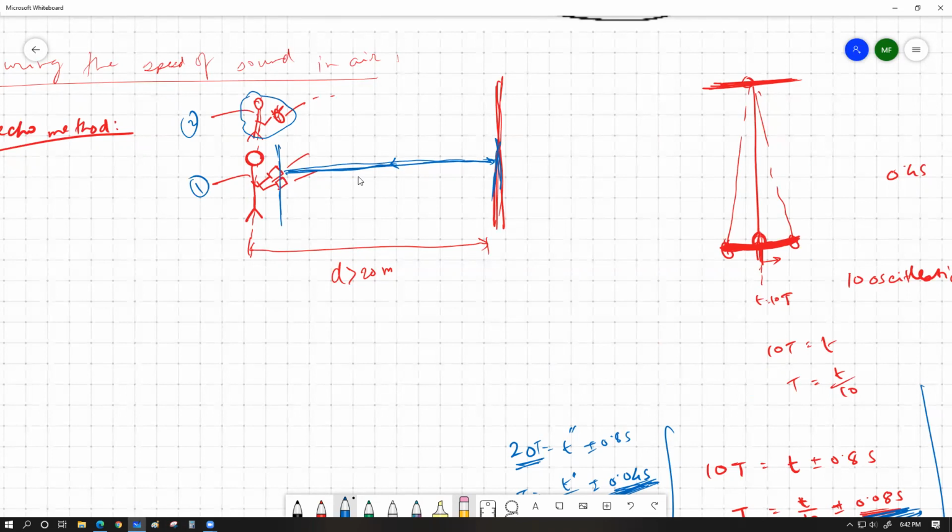Student one will try to create the claps of the wooden blocks in such a way that he makes one clap at the exact instant he hears the echo of the earlier sound.